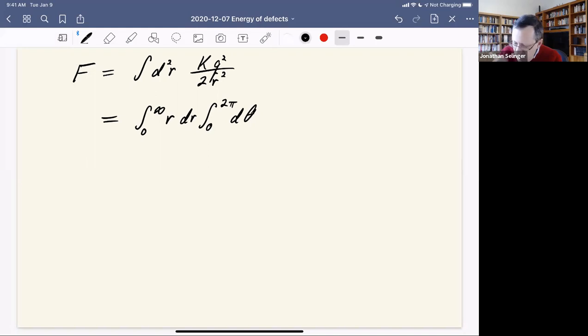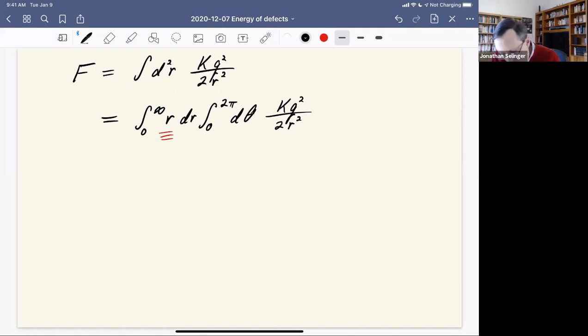This is the measure of integration in polar coordinates. You definitely need to include this factor of r in the front as part of the measure. This is absolutely necessary to get the right answer. So it's this integral of kq squared over 2r squared.